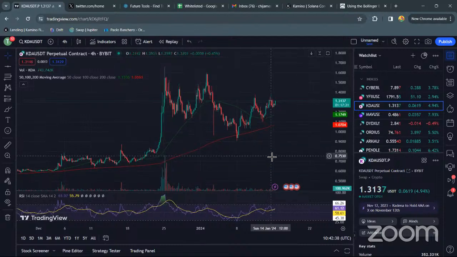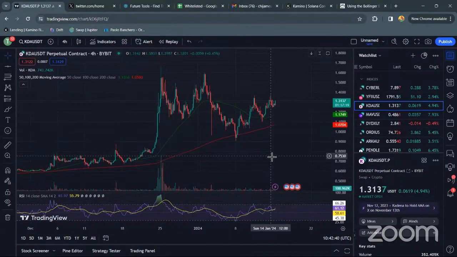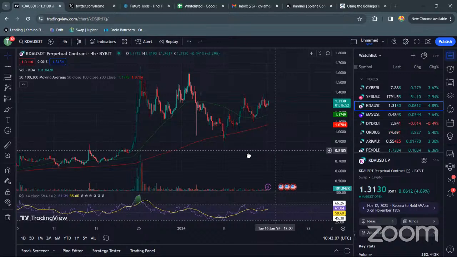Yeah, so Cadena is one that you might definitely want to get on spot, because like I said, the last bull run it traded as high as $20, right? So there's massive potential, because if it goes back to its previous all-time high, from here that's like an 18 to 20x if you have it on spot, right? It's also cool to trade on futures.